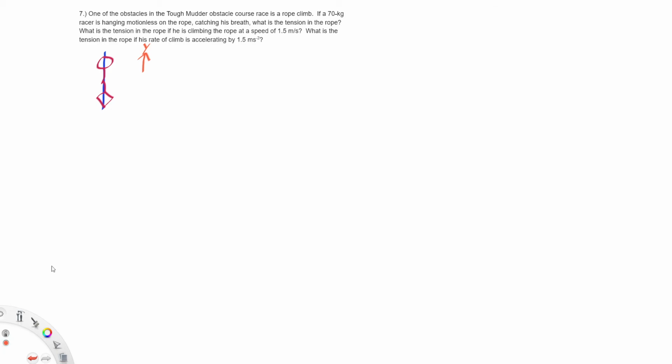Part A. The forces that we're experiencing here are tension and weight. Actually, that's going to be the same for all parts.